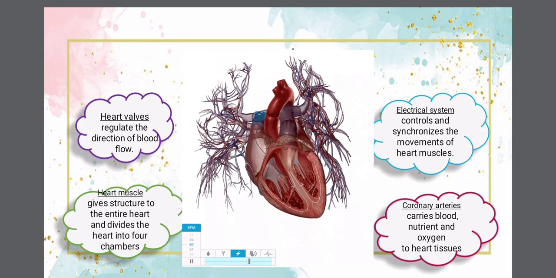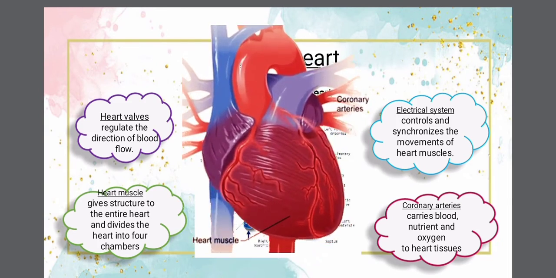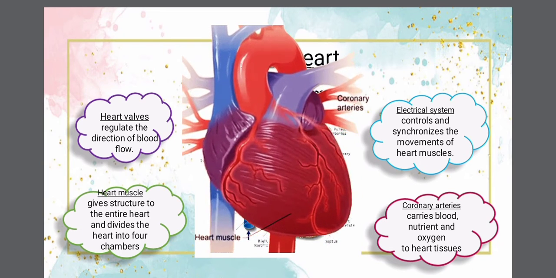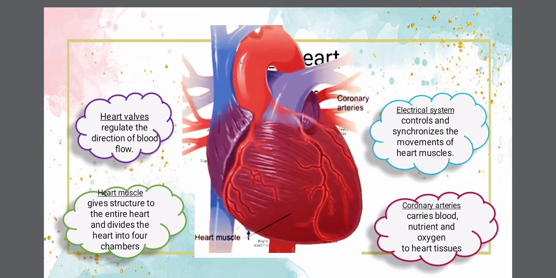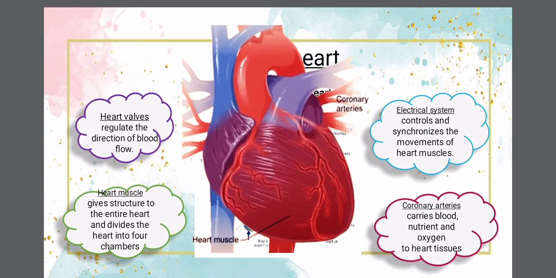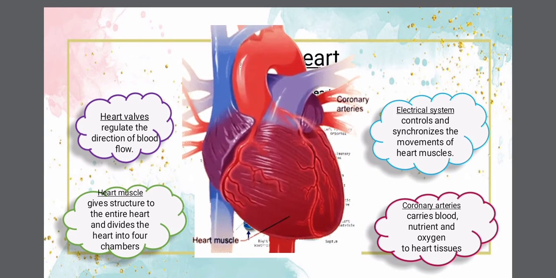Third, electrical system, which controls and synchronizes movement of heart muscle. Fourth, coronary arteries, which are the arteries that carry blood, nutrients, and oxygen to the heart tissue.